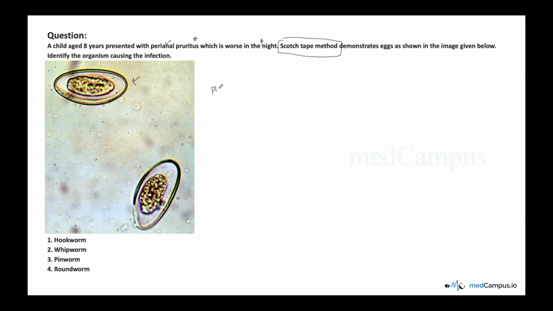This is a plano-convex egg. What is this? It is a plano-convex colorless egg, which is Enterobius vermicularis.